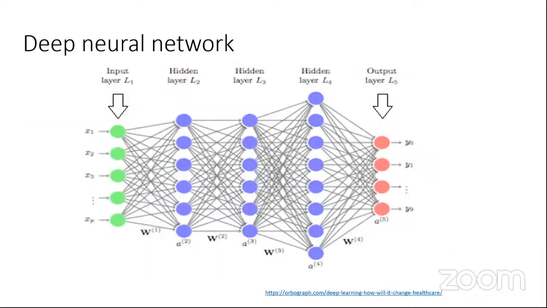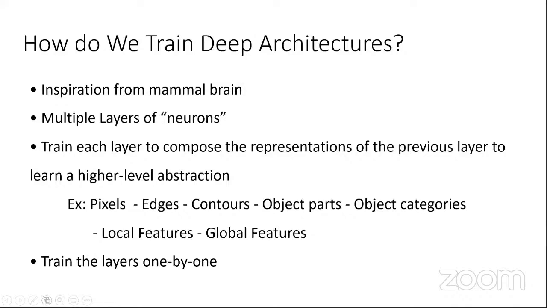This is the representation of a deep neural network. Here we have an input layer, various hidden layers, and an output layer. So how to train it? The training usually happens in deep architecture from the pixel, that is, the learning happens from the smaller units.